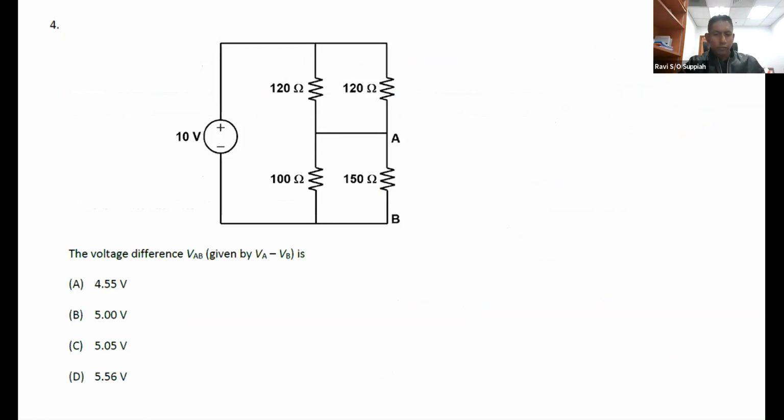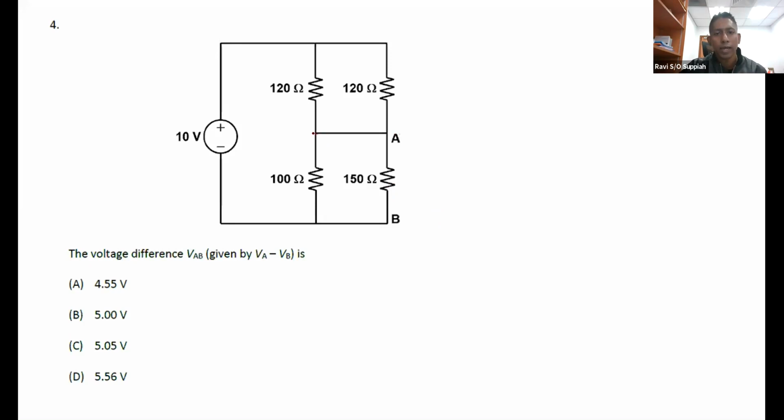So let's look at question 4. In question 4, I ask you to find the voltage difference between A and B. To find the voltage difference between A and B, we first need to simplify the circuit down to find this actual voltage.